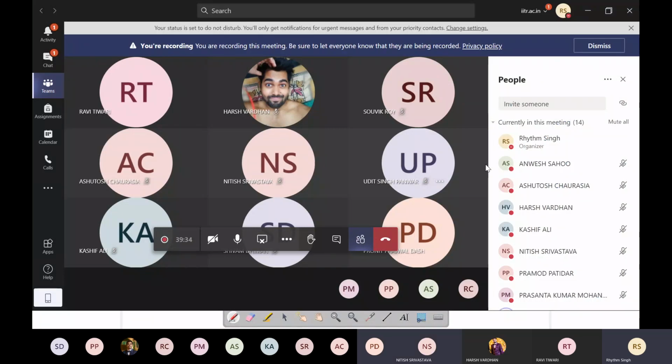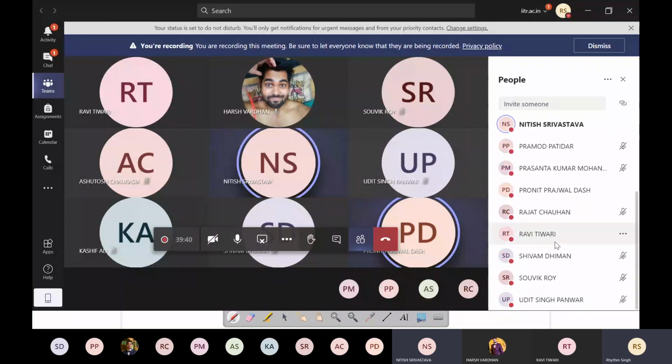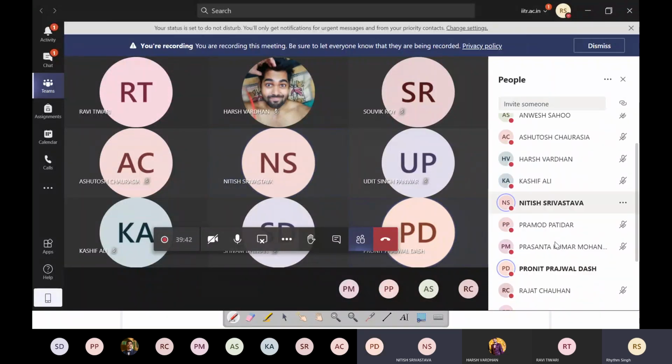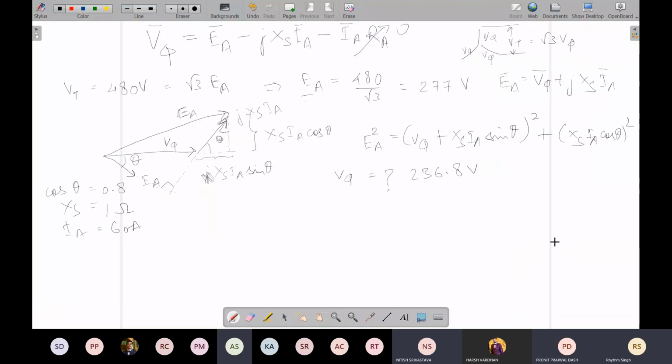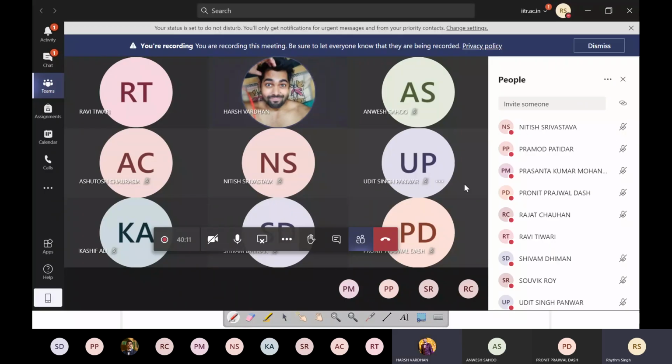Sir, 236.9 for Vφ. Right, so around that value, depending upon what value of EA I have taken. I have just rounded off EA as 277, so in that case you will get 236.8. If you account for the decimal value, it might be slightly different, but it will be around that.